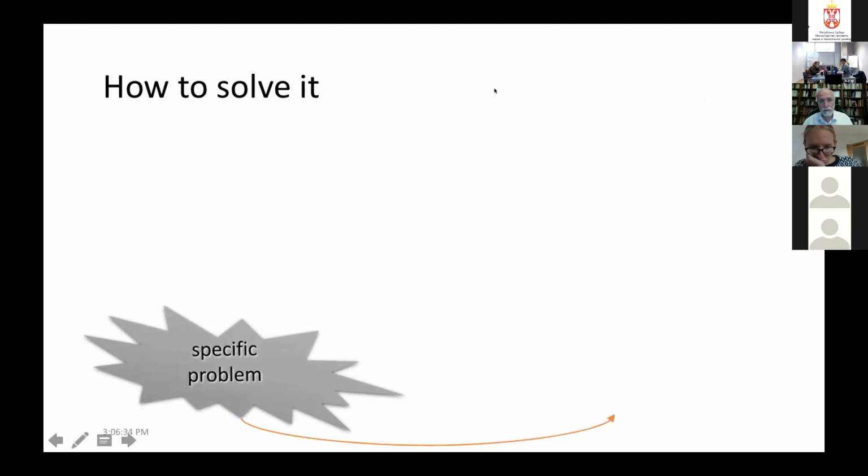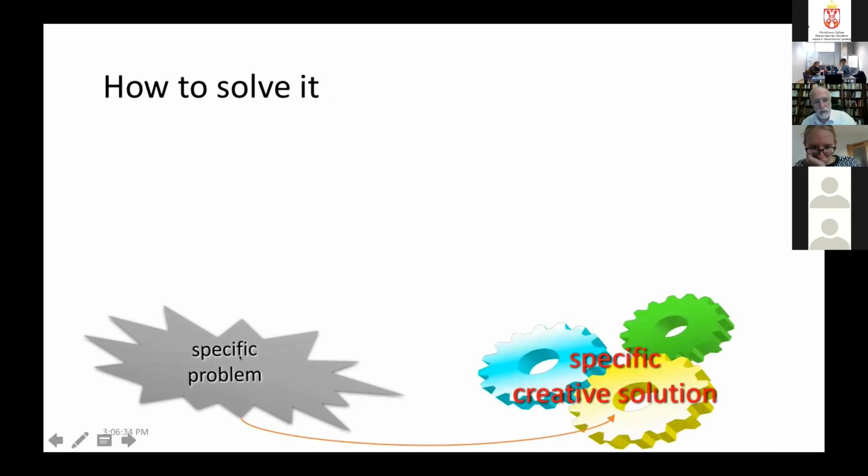Usually we solve the problems, we have a specific problem and we are thinking how to find the specific creative solution for the problem. That's normal. But the good thing is that there is a technique how to do it without being free and creative and brave and all those things that I have already mentioned. That is, for your problem, you have to study it and to break it into a number of resources.